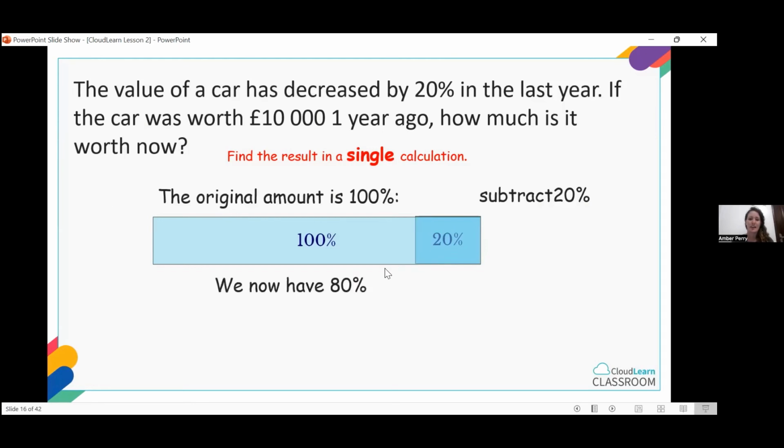As I've only got 80% left, great, correct answer again, well done. I'm now going to multiply by whatever the decimal is of 80%, and we find that in the exact same way. 80% is 80 divided by 100, so that's 0.8. If I take my £10,000 and multiply it by 0.8, I get the answer.